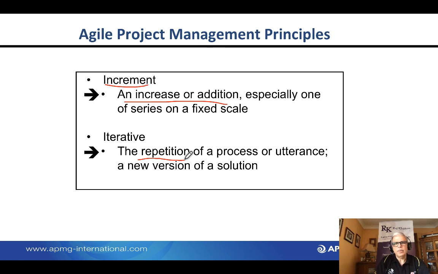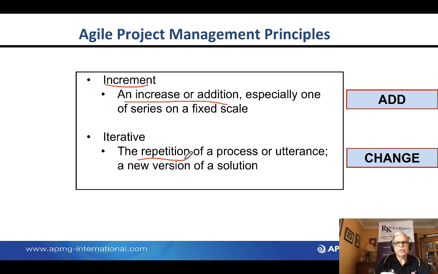And the Agile principle that discusses iterative development is saying we don't always get something right the first time, and therefore we need to keep doing it iteratively till we get it right. So in simple terms, without degrading the definition, we would say increment is about adding something, whereas iterative is about changing something.